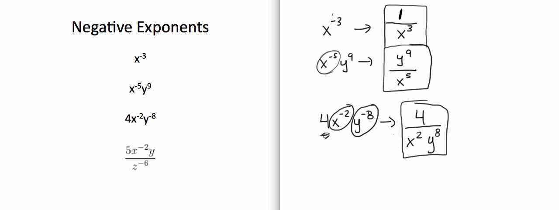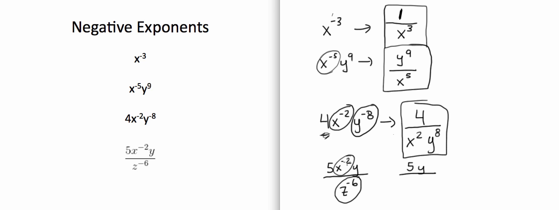All right, the last example here we've got is 5x to the negative 2, y over z to the negative 6th. So the thing I like to do is I like to circle my negative exponents so I know what I'm going to be changing. So I'm going to change those two things. So that means the 5 and the y are staying put.